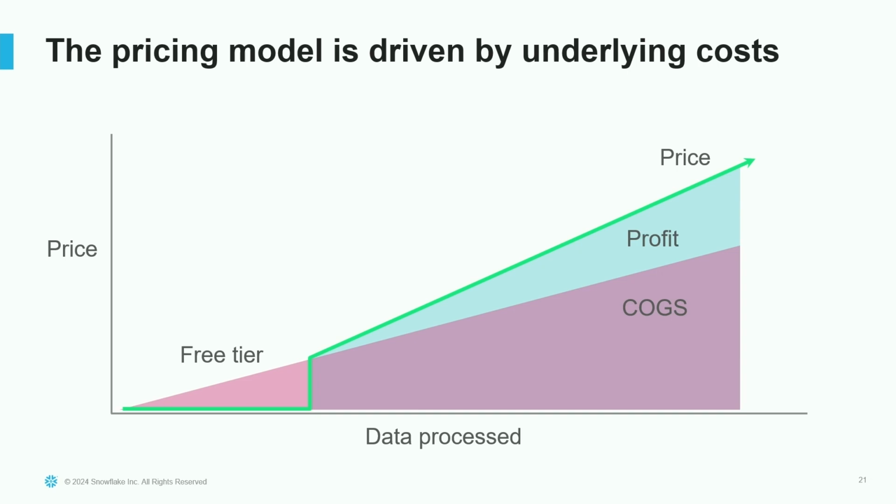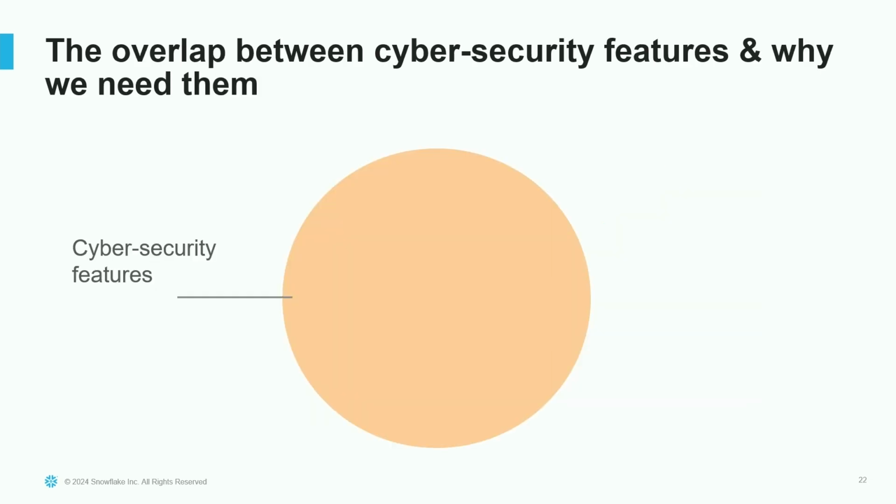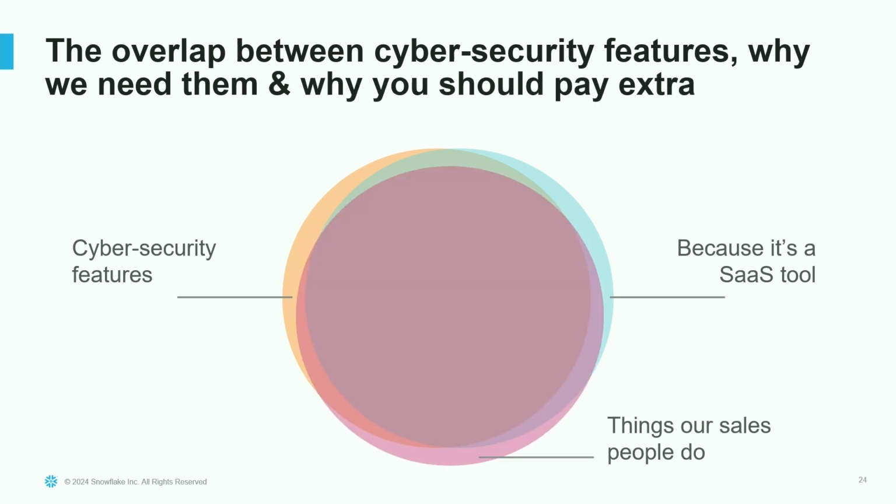And then digging into the cybersecurity features and the gotcha sales process, it's a bit of an oversimplification, but take all those cybersecurity features and why we need them. Well, mostly because it's a SaaS tool, right? And so if those features are the only thing that lever people up to enterprise plans, then the only thing our salespeople are doing is selling features that only exist because it's a SaaS tool.